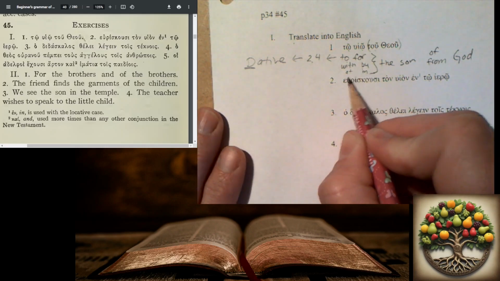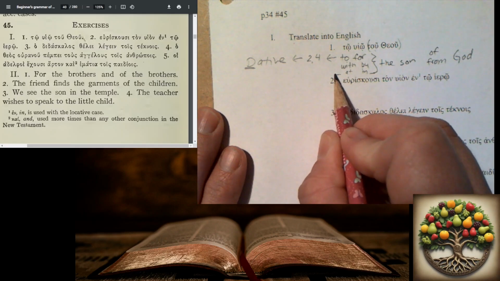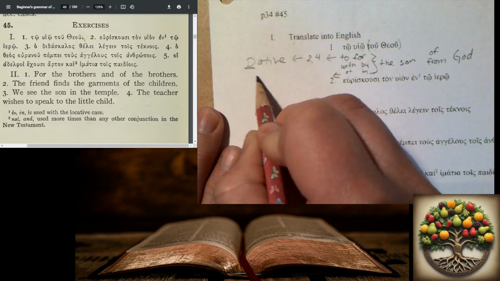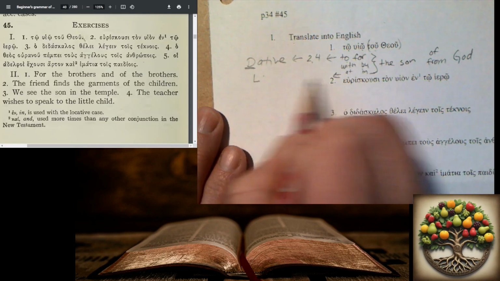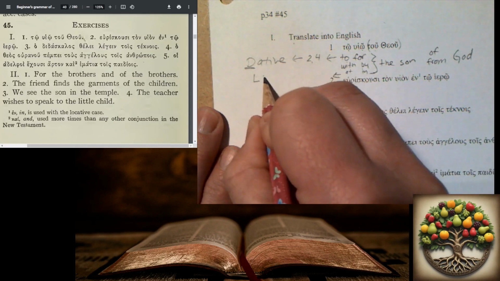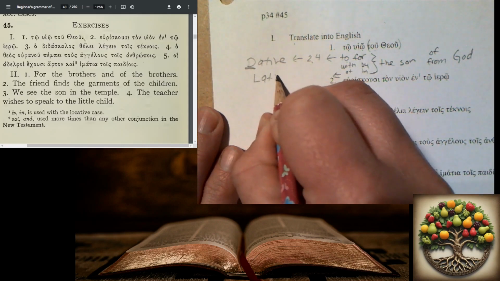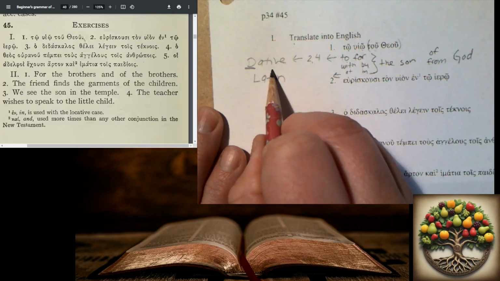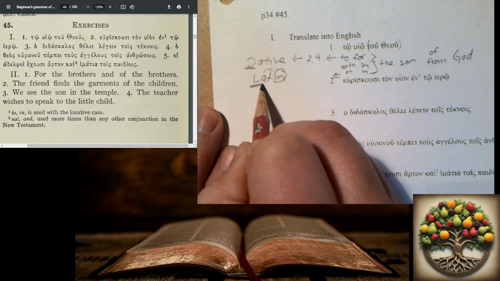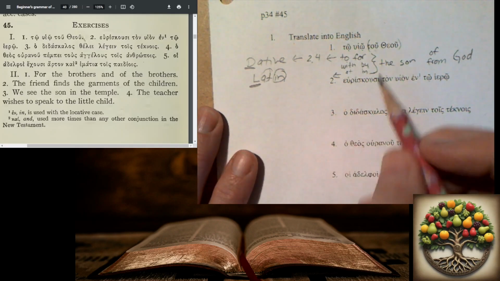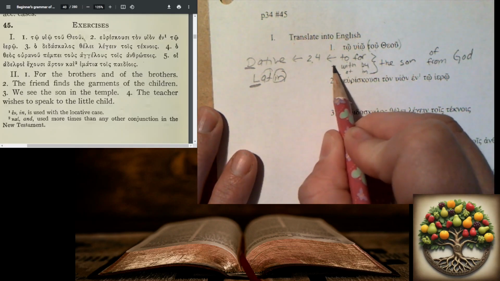The at or in is the next easiest one, and that is the locative, and I can tell you it is because this is going to spell the word Latin. We have at or in with an L, locative. And the with or by is just the remainder.